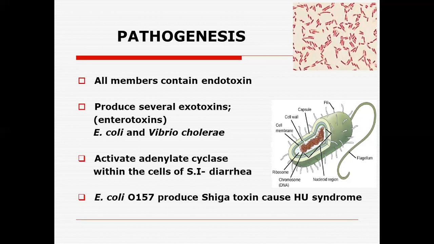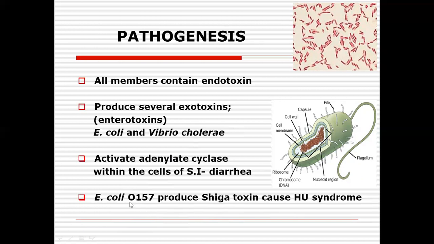Now we have a specific strain of Escherichia coli, what we call O157. This is a strain which belongs to the somatic antigen. We will discuss it right now. They produce Shiga-like toxin, and it causes hemolytic uremic syndrome, caused by E. coli O157. We will discuss this organism in detail.